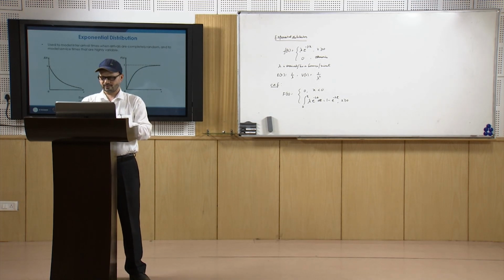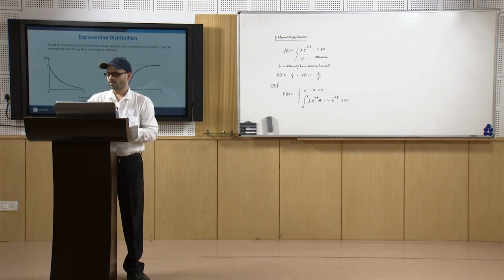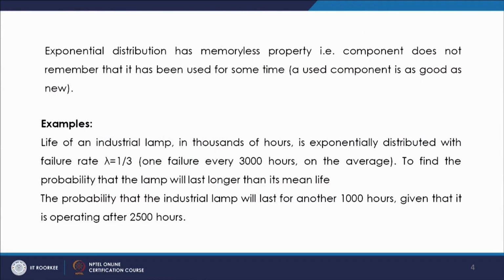Now, in such cases, we have an example: the life of an industrial lamp is exponentially distributed with failure rate lambda equal to 1 by 3, that is one failure every 3000 hours on the average.